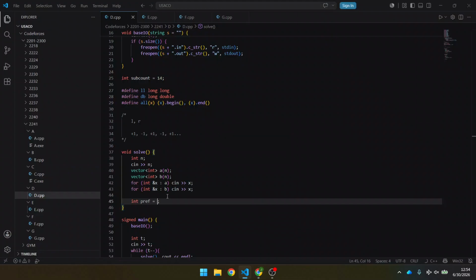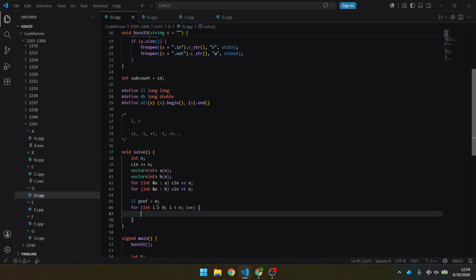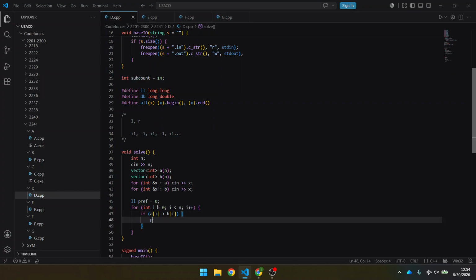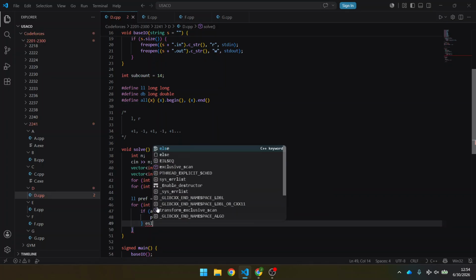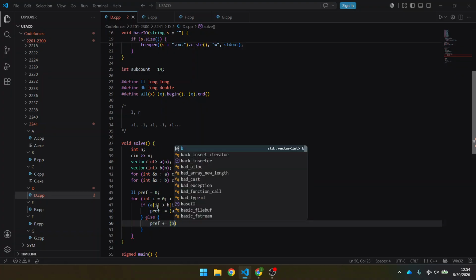Ref, long for int I is 0 and I plus plus. If A[I] is greater than B[I], ref minus equal to A[I] minus B[I], else ref plus equal to B[I] minus A[I].